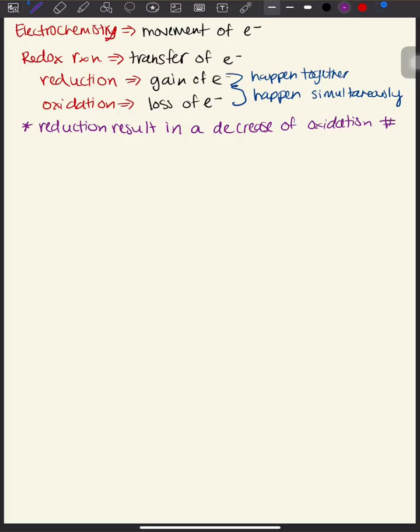And the oxidation process results in an increase of the oxidation number. It's very important that you know how to calculate oxidation numbers for any element. If you don't remember how to do this, there is a worksheet on Canvas that you can use to remind yourself.